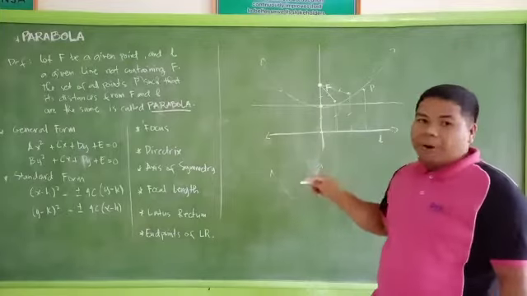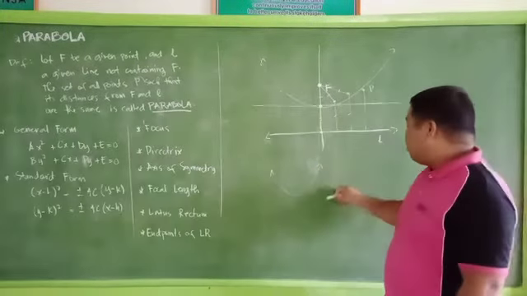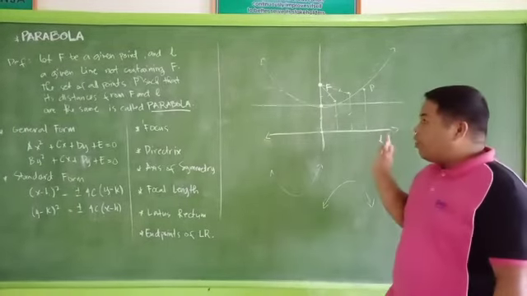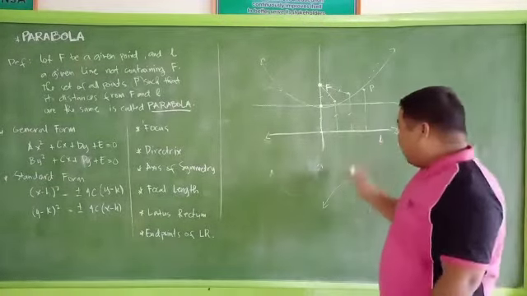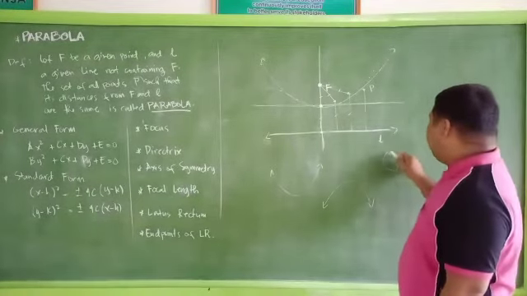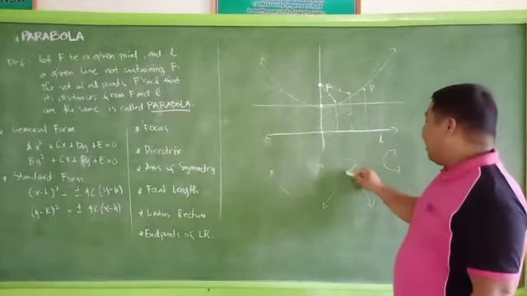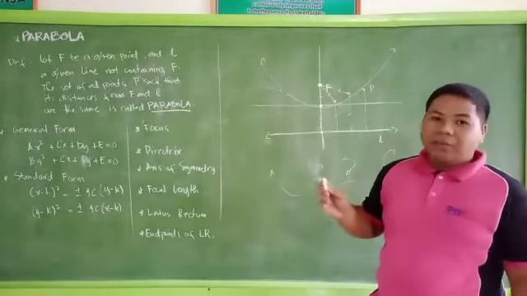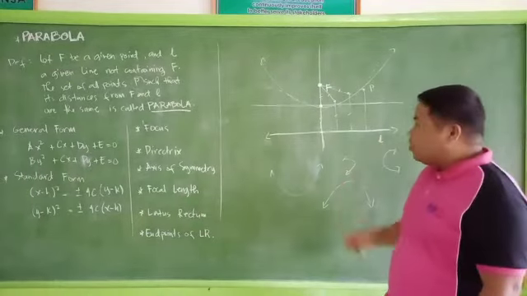Parabola that opens upward. Also, may parabola tayo na nag-open pa ilalim. Opens downward. Pero meron din tayong mga cases na parabola natin is nag-open to the right. Merong parabola nag-open to the left. I-discuss natin yan lahat para maunawaan natin kung ano ba talaga yung parabola.